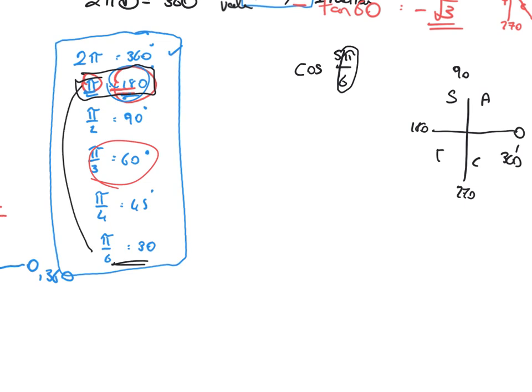So pi over 6 is 30, multiply that by 5, and that is 150, cos 150. Go to the CAST diagram, and there's 150. I'm in the sine quadrant, cos is negative in the sine quadrant, and my acute angle then is 30 degrees, minus cos 30. Cos of 30, what's that? That's root 3 over 2, so it's minus root 3 over 2.